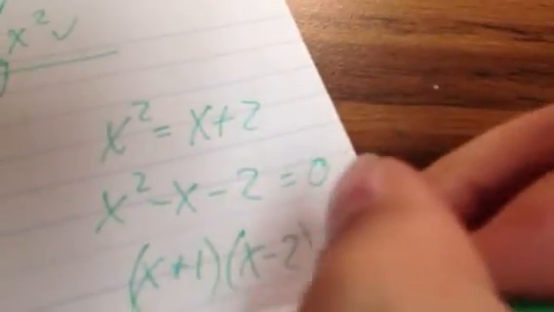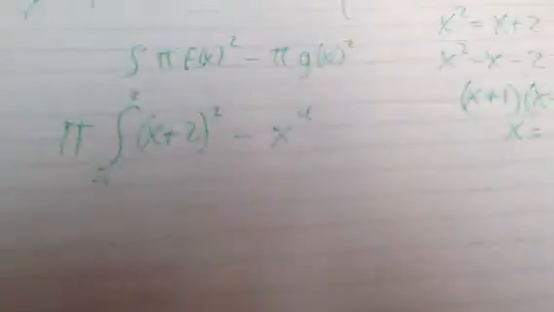So this means that they intersect at -1 and 2. So going back, we're going to write here, it goes from -1 to 2. As seen here, this is going to be our -1, this is going to be 2, just to have a reference. Alright, so let's start our integral.